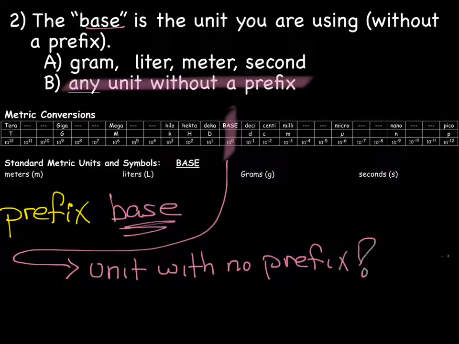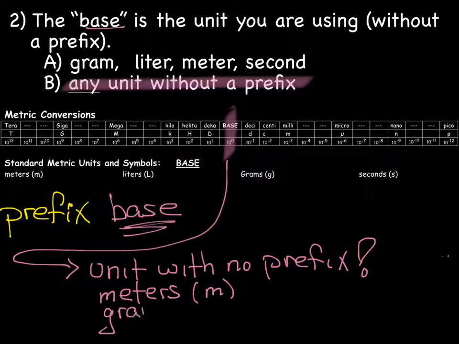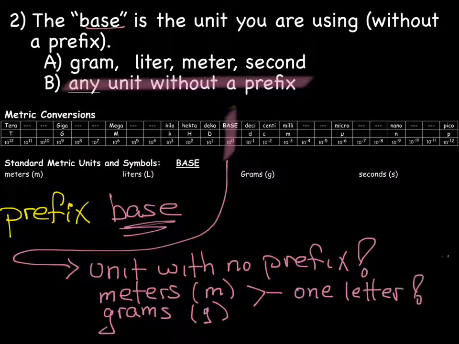So for example, if I measured something in meters, which is symbolized by an M, or I measured something in grams, which is symbolized with a G. One thing I'd like to point out, which is kind of important: you'll know something is a base if the symbol only has one letter. If it has a single letter, you're going to be using the base.